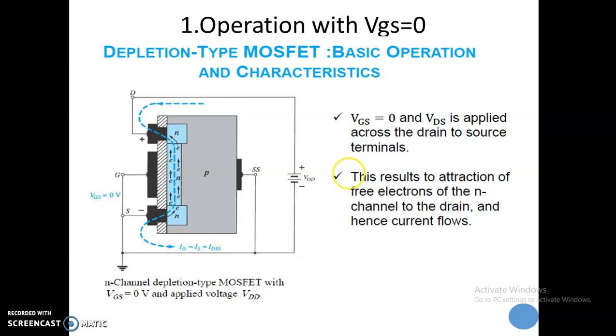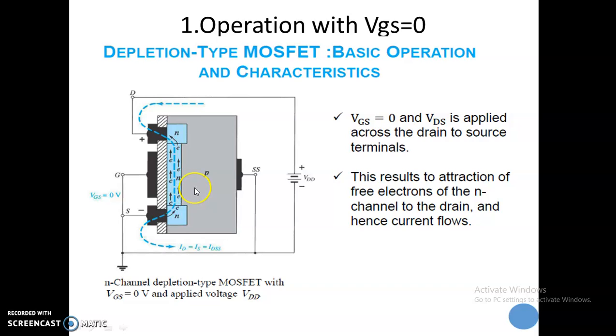So the next topic is the operation of N channel depletion type MOSFET. It also works in 3 different operations. In the first operation, VGS equal to 0. Here you can see from the figure, this is the N channel, this is the P substrate, SS stands for substrate, this is the gate, drain and source.